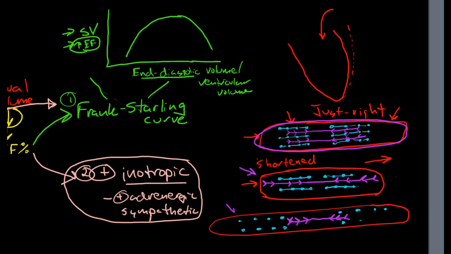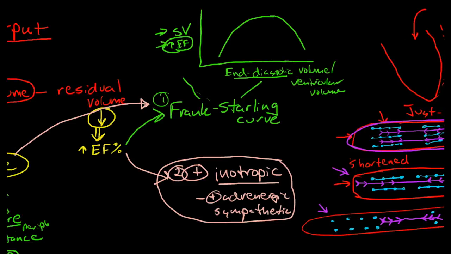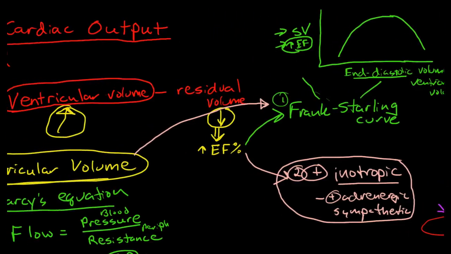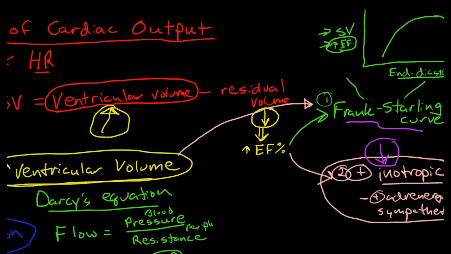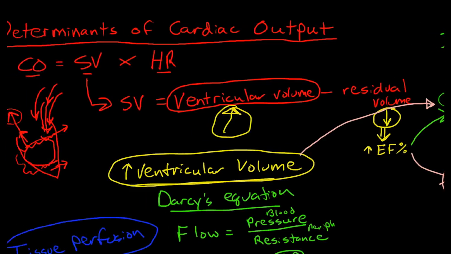But if they overstretch, the ejection fraction starts to go down again. Okay, so that discusses the factors that affect residual volume: the stretch and increased inotropic activity. Okay, so we've discussed stroke volume.